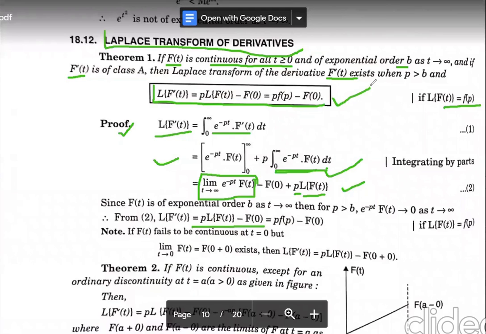Similarly, you can find the Laplace transform of second order derivative. So what can we write? Let me write the general form. That means first let me write the second order derivative.